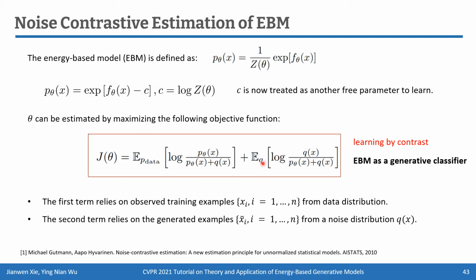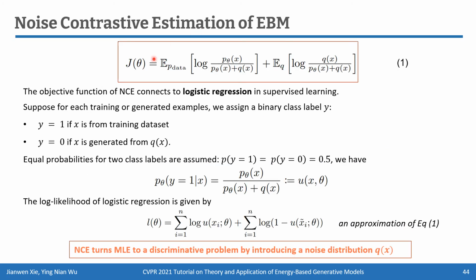The expectation with respect to Q can be approximated by averaging over the generated examples from the noise distribution Q of x. Why can we use this J of theta? It is actually just the log likelihood of logistic regression in supervised learning.